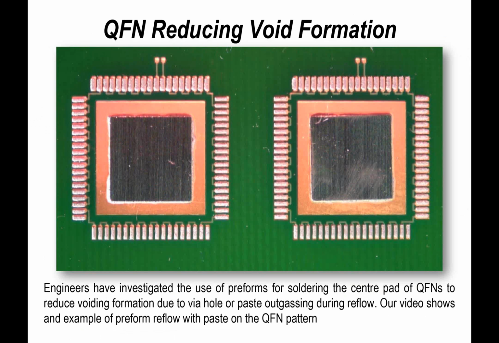So it's not the paste, it's not the profile, it's quite often something else. And also, one of the other things I must say is that there are a lot of applications for QFN bottom termination components which don't need the heat dissipation capability of the pad in the first place. So concern about voids in certain applications are really not an issue at all.